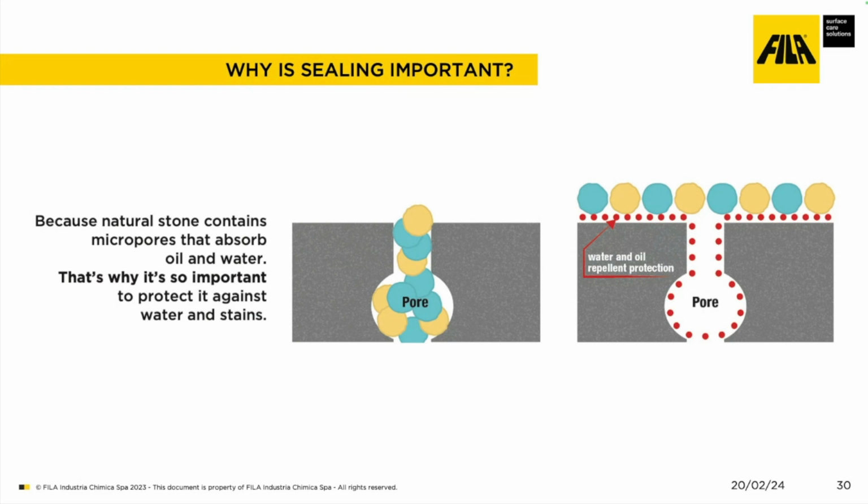At the same time, it doesn't allow the dirt or the stain particle to drop into the pore. This is very important because it allows vapor transmission. Elisa will follow later to explain this. It allows the breathability of the stone. So it's not a complete sealing, but it leaves the stone to breathe.